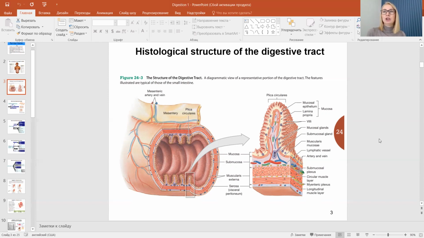In regions of the digestive tract not covered by the peritoneum, the digestive tract is covered by a connective tissue layer called the adventitia, which is continuous with the surrounding connective tissue. These areas include the esophagus and the retroperitoneal organs.